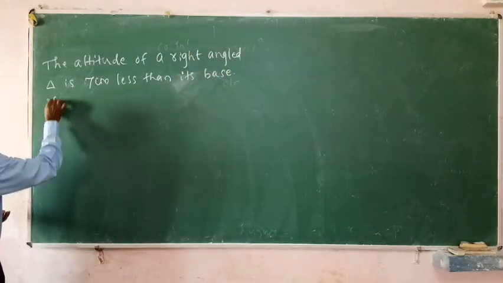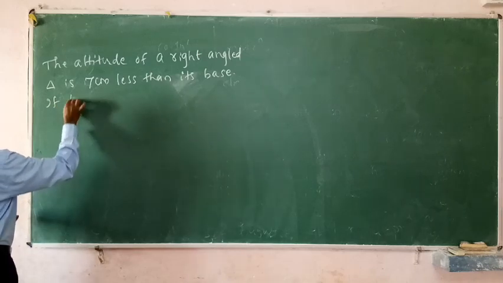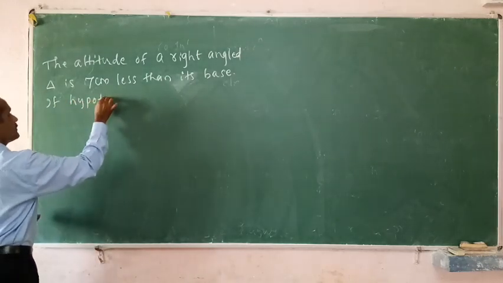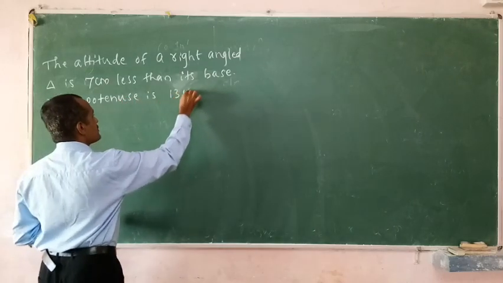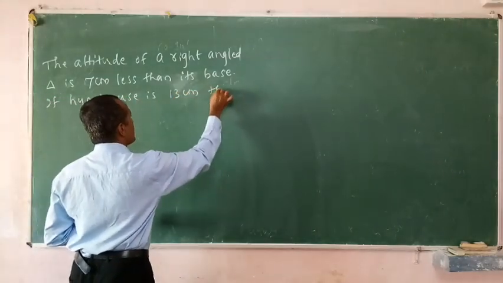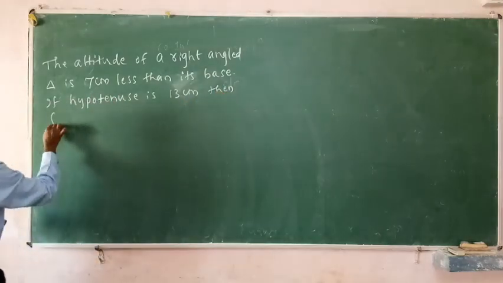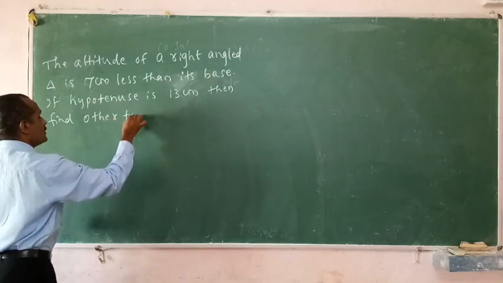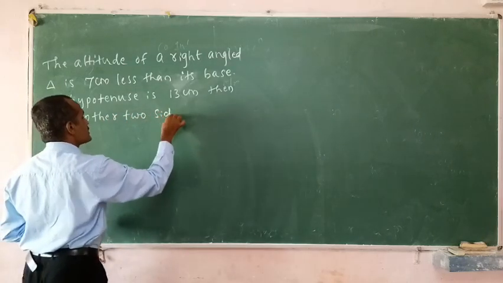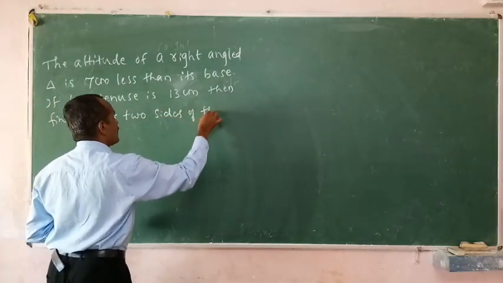Full stop and continue. If the hypotenuse is 13 centimeter, then find the other two sides of the triangle.